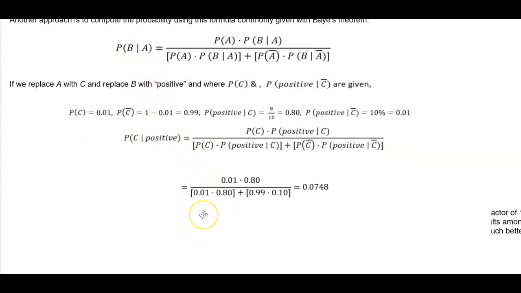So we know the following. We know that P of C is equal to 0.01, and we know that the probability that it is positive, provided that you have cancer, is 0.80. And then we want to find the probability of C, which is 0.01, times the probability of positive provided that cancer is given, plus the probability of the complement of cancer.